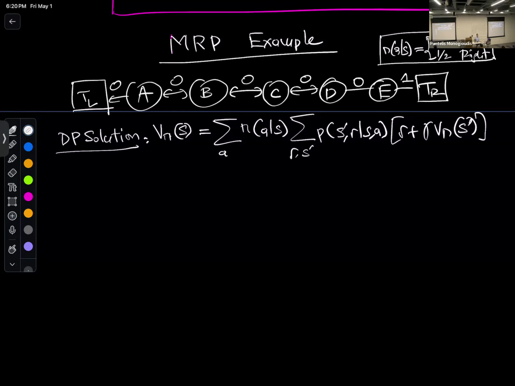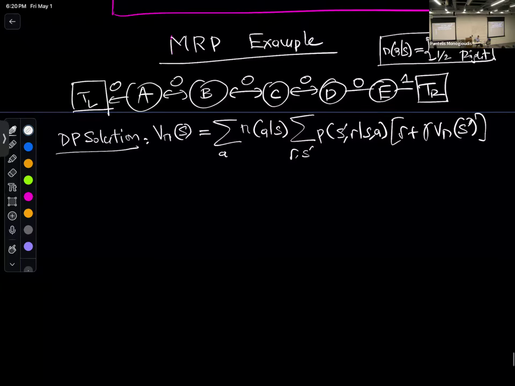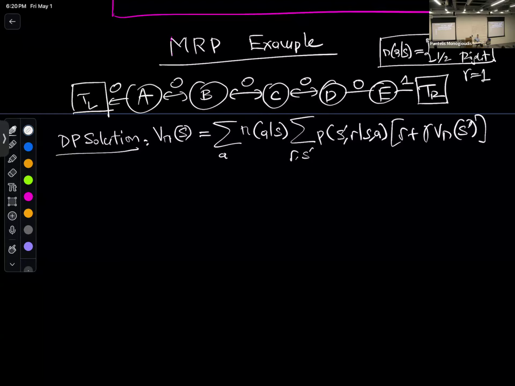That's one assumption that the text gave us. The other assumption the text gave us is gamma equal to 1. Or whatever number, it doesn't matter. So now I'm asking you, just to test your understanding, what is V pi of A?